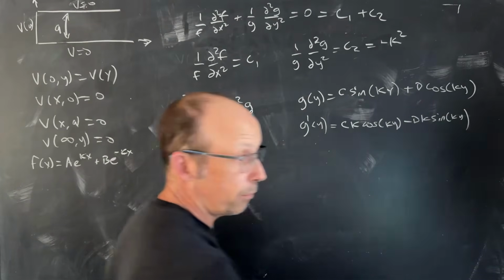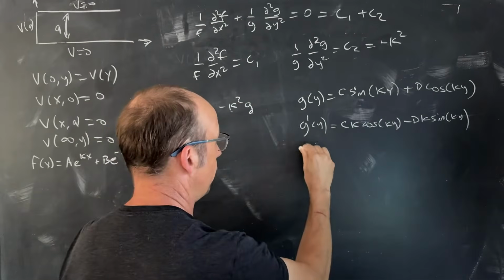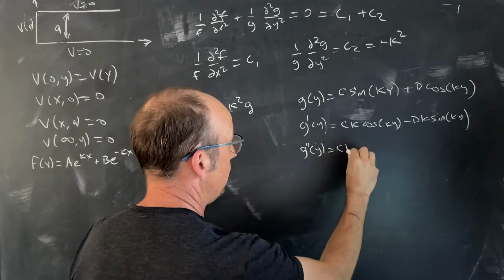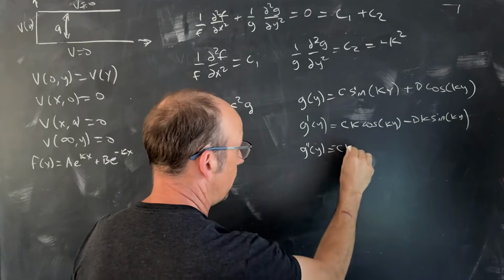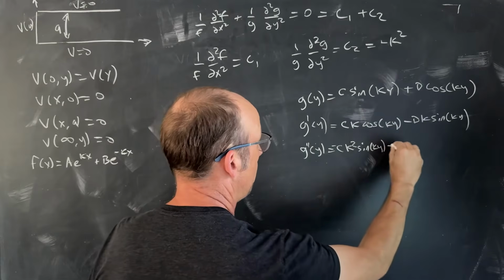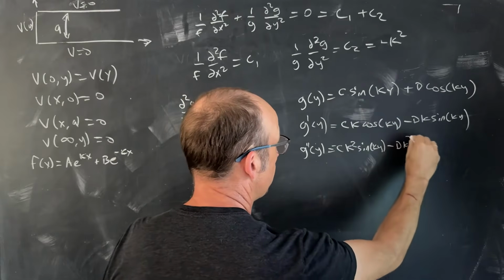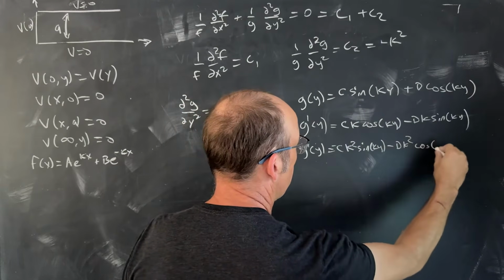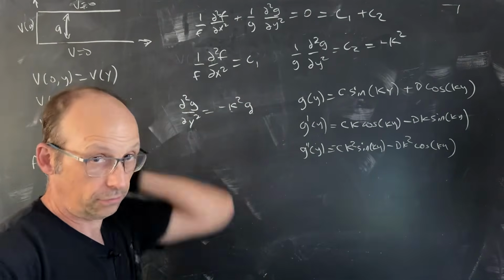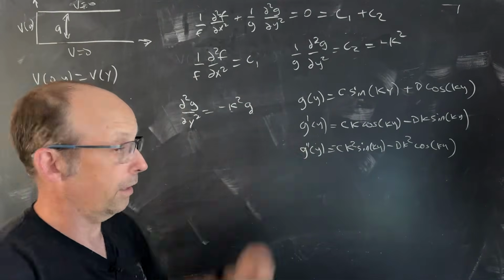Am I off the board? No, I'm not. And then the second derivative, g double prime of y, is going to be equal to c negative k squared sine of ky minus d k squared cosine ky. And so that is a solution because then I'd just pull out the negative k squared. There's a negative there too.